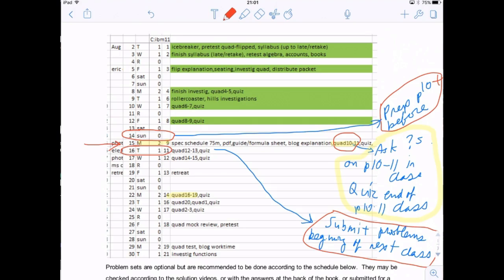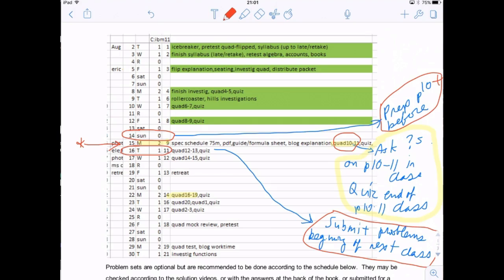Even though this is a two-period class, we are only going to do 2 pages because this class was shortened due to a special schedule. You guys are going to vote for class officers. So since it's only 75 minutes long, I didn't want to have you do 4 pages.